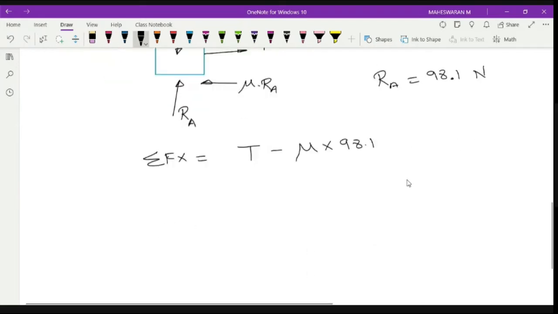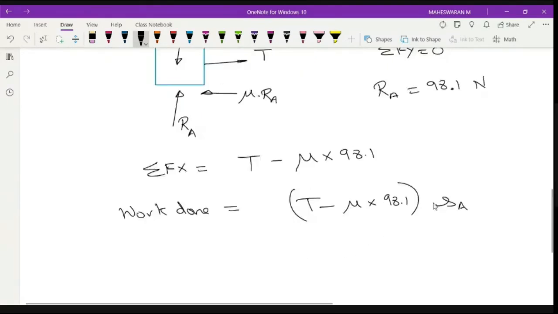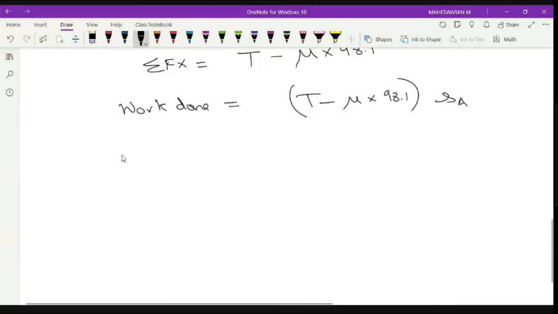Now I can identify the work done. Work done is T minus mu into 98.1, times s_A. Now let us go for energy. Energy is half m v squared.